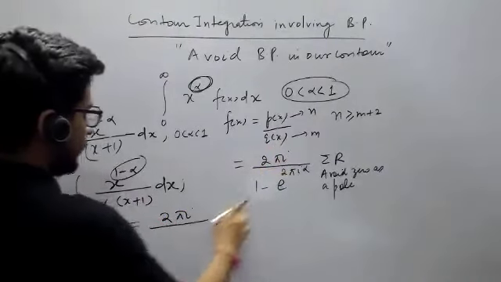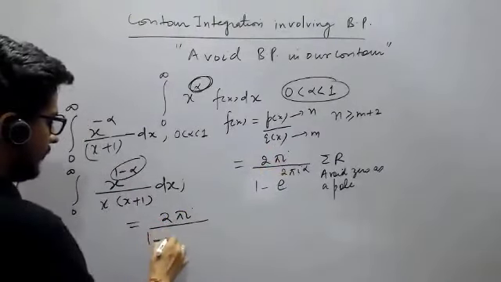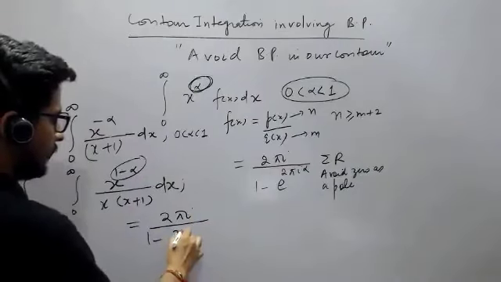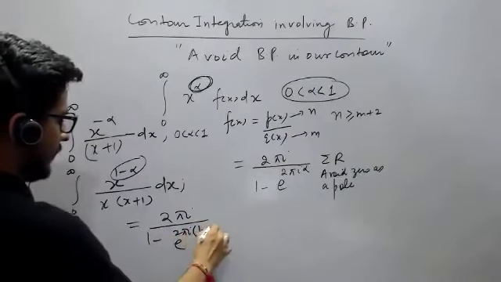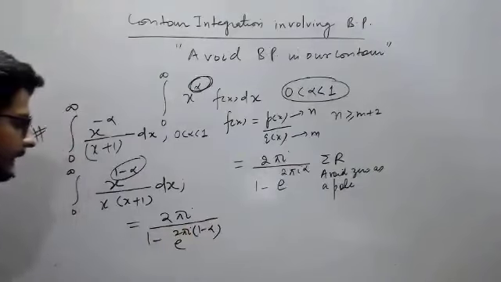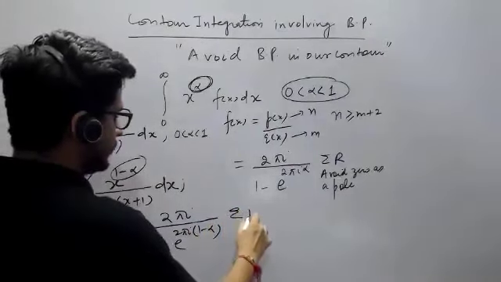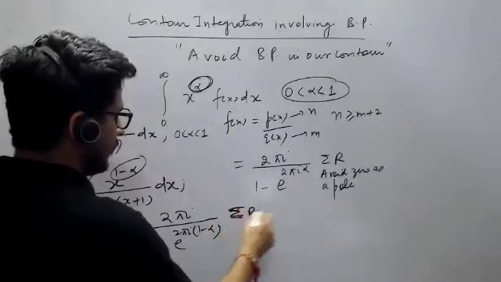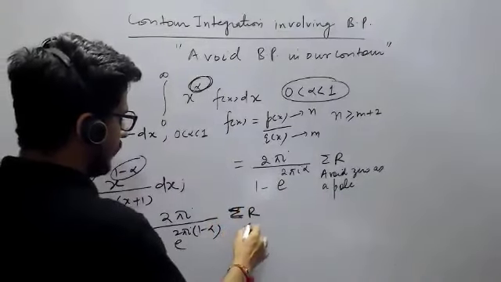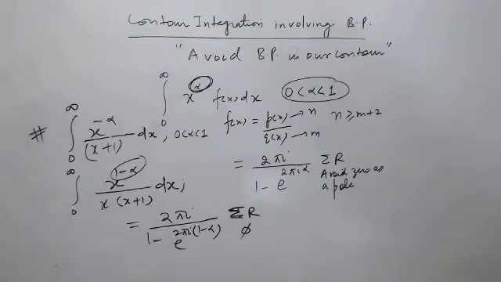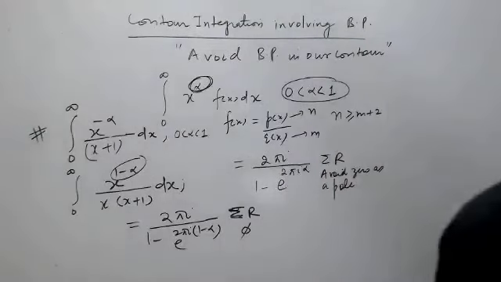It will become 2 pi I, 1 minus e to the power 2 pi I, 1 minus alpha. And summation of residue. We have to avoid 0. I mean, we do not have to calculate the residue at 0, because you know 0 is a branch point also.